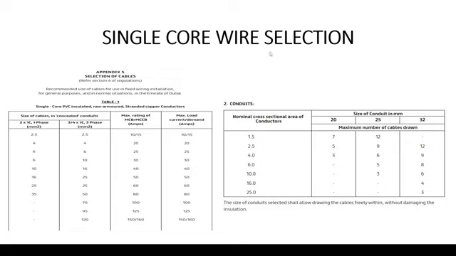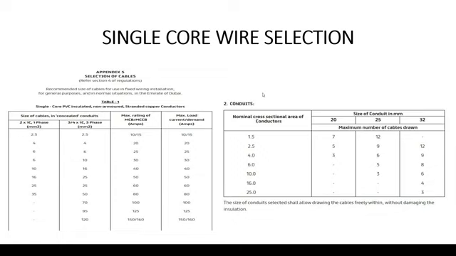As we explained earlier, single core wires you would use in a conduit. For example, you would like to use single core wire for a light circuit or power circuit. So based on our application and the conduit size that we have, you want to select the suitable wire size.